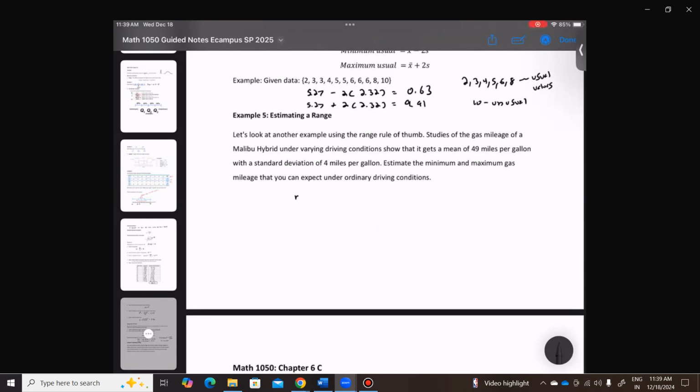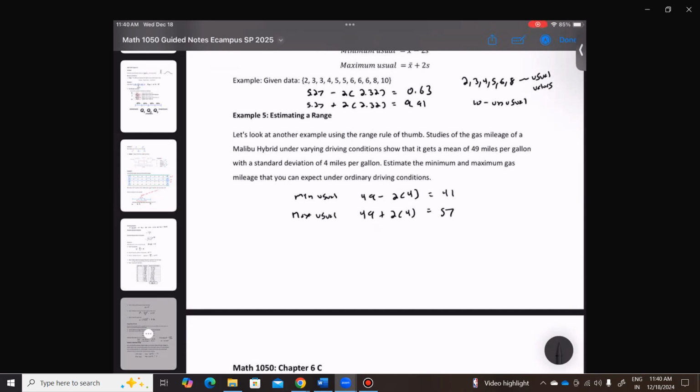So your min usual is going to be 49 minus 2 times your standard deviation, which is 4, and your max usual is 49 plus 2 times the standard deviation. So for the min usual you get 41, the max usual you get 57. So anywhere between 41 and 57 miles per gallon will be considered usual.